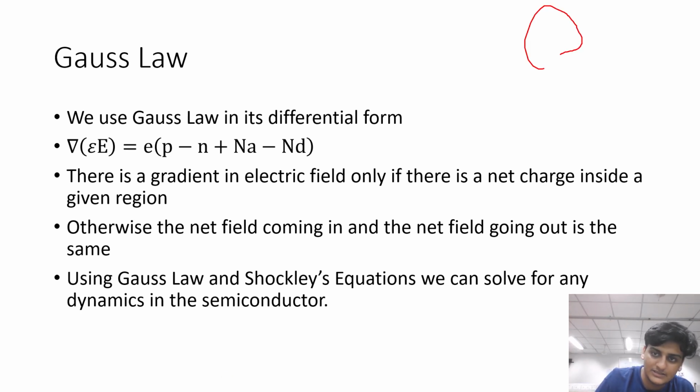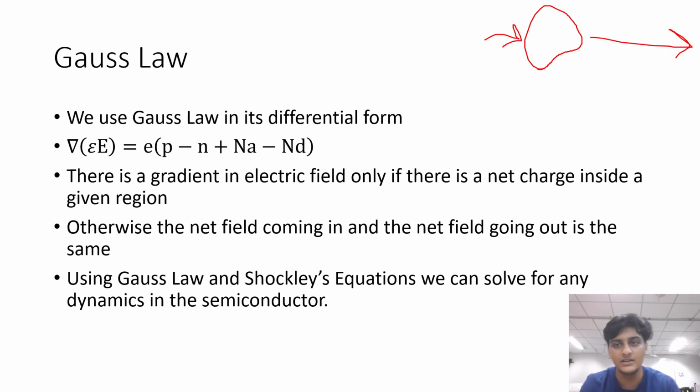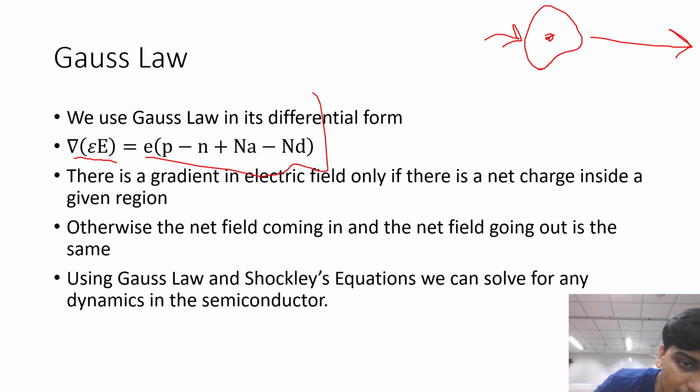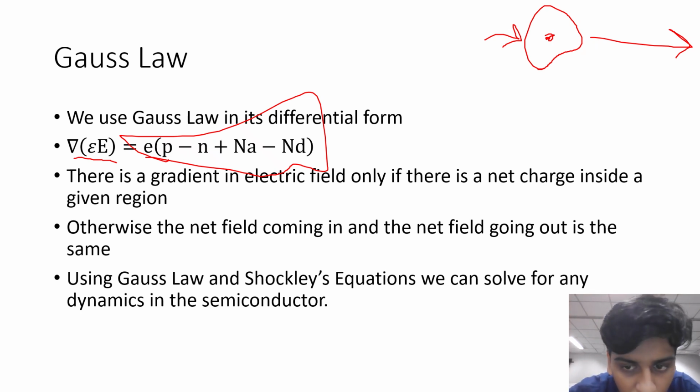If I take some region like this, and there is some gradient in the electric field which passes through this region, that means that there is some net charge inside this region. So if there is some gradient, you're going to get some net charge due to that. So this is the intuition for this, and this is why it's equivalent to the Gauss law.